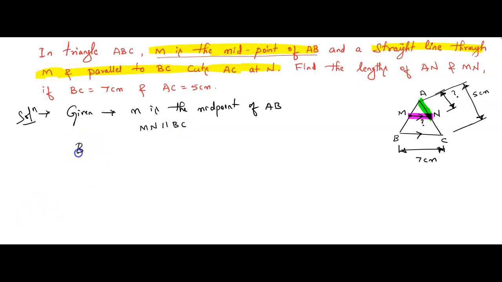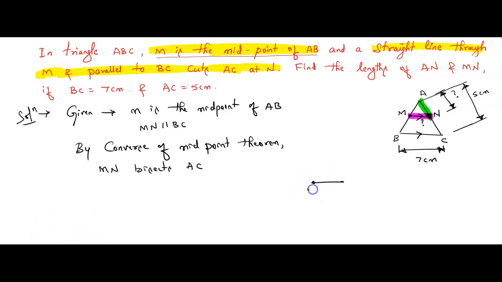See children, we know the converse of midpoint theorem. What is the converse of midpoint theorem saying? I will tell you. By the converse of midpoint theorem, we know that MN bisects AC, sorry, MN is bisecting AC.